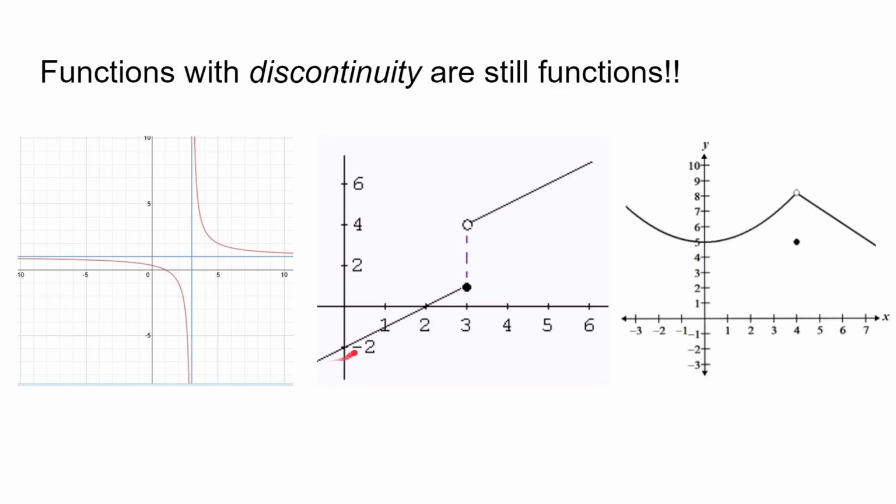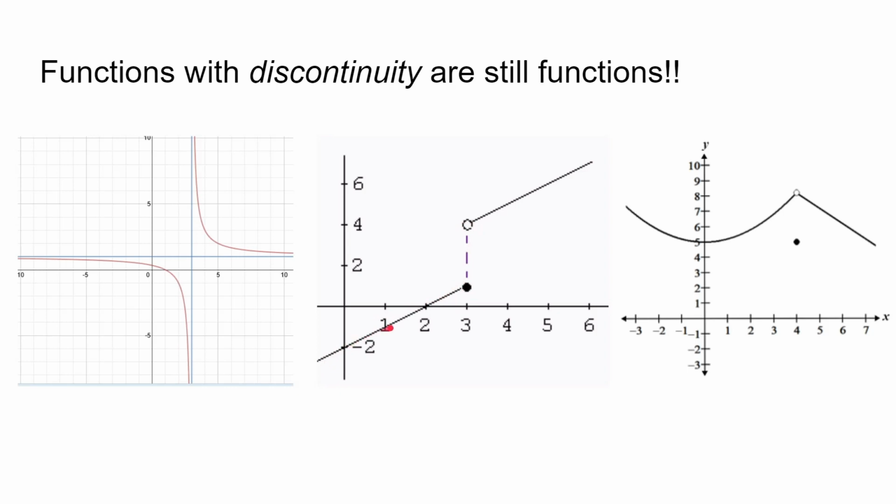What we have next is called a jump discontinuity. As you can see, we have this function and it jumps up. At first this can look like it doesn't pass the vertical line test, but we have to recognize that there is an open circle here, which means there is not a point existing right here, although there is right here.